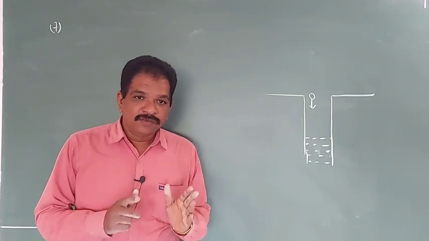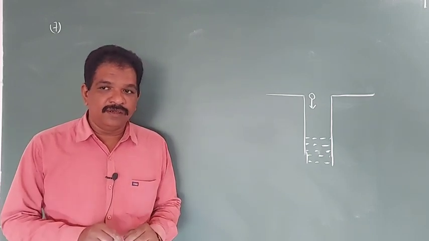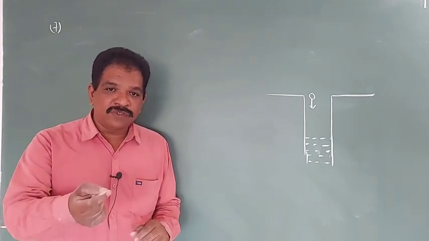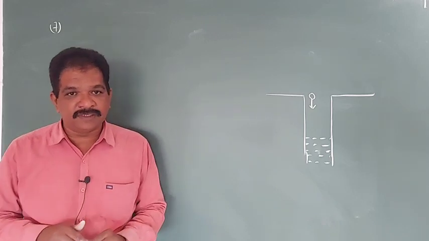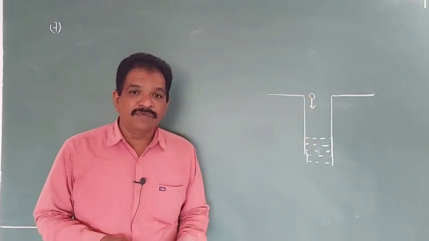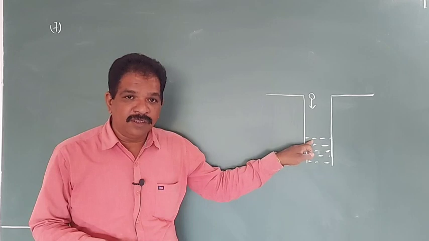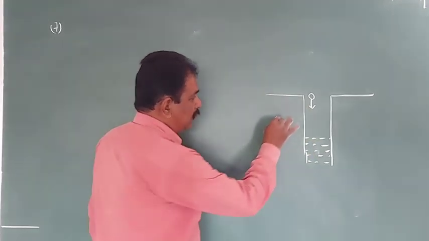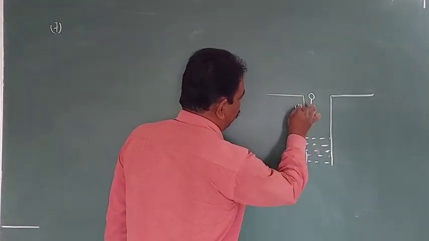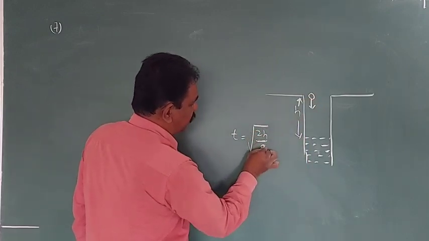So, a stone is dropped into a well and the splash of sound is heard after t seconds. Then what is the depth of the well? Simply it is a freely falling body. So I am assuming h is the depth of the well. So t is equal to root 2h by g.